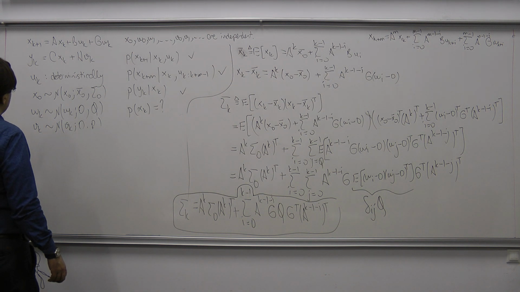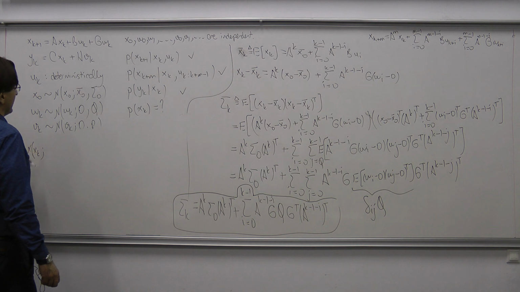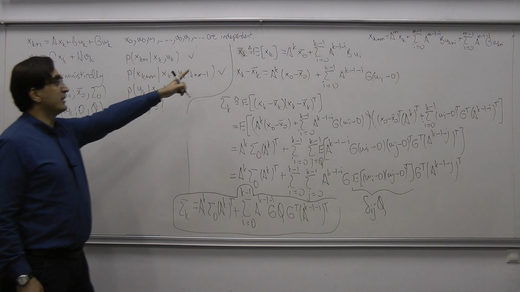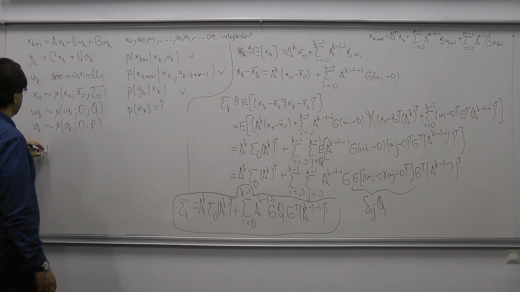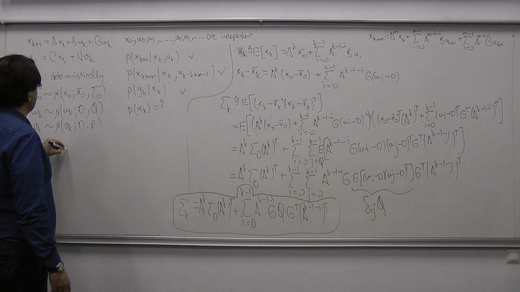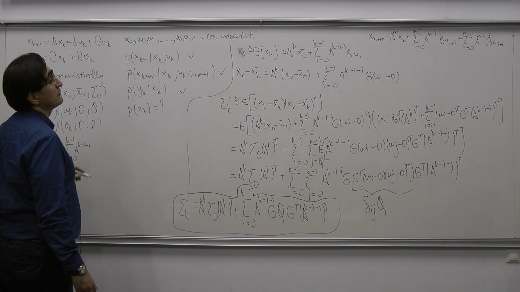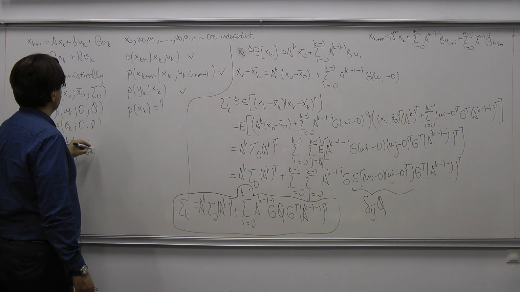I see here this P of x_k is normal, and its argument is x_k, its mean is going to be x_k bar. Let us write it: A^k x_0 bar, plus the sum over i from 0 to k-1 of A^(k-1-i) B u_i.